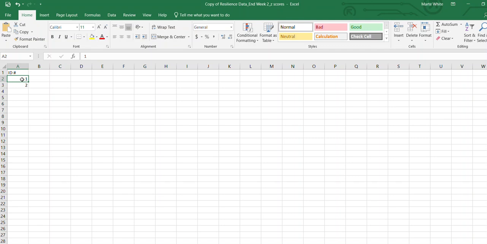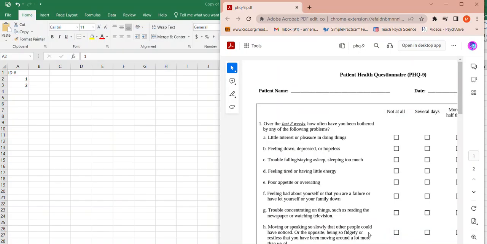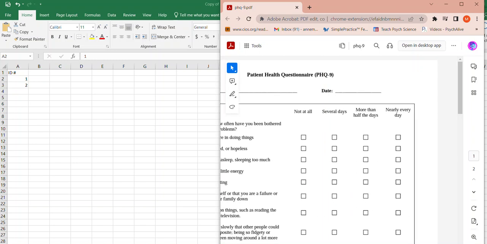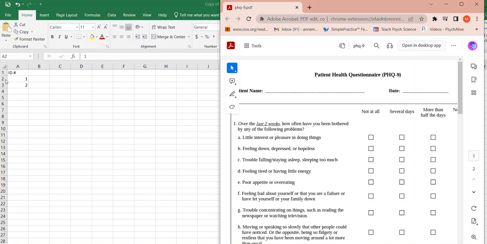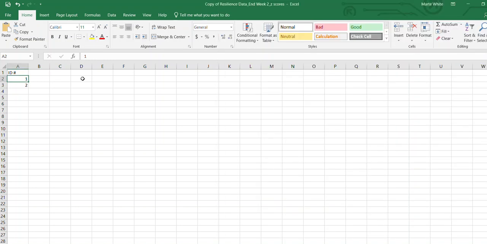That way, if you find there's something a little fishy with the questionnaire, or let's say participant 1 answered 7 on something, and there are only 4 possibilities on the questionnaire: not at all, several days, more than half the days, and nearly every day. And when they were entering, they entered a number 7 instead.